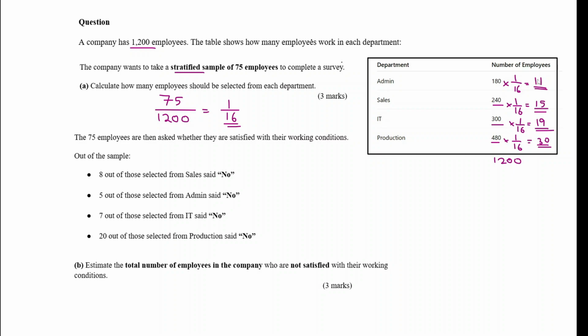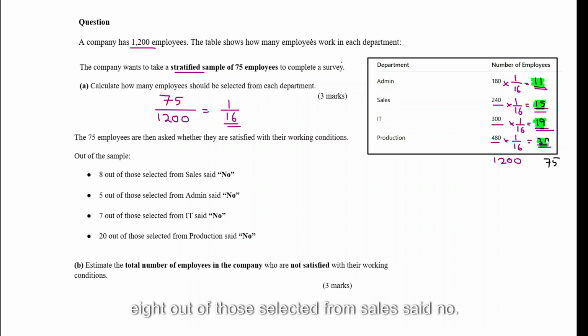The 75 employees are then asked whether they are satisfied with their working conditions. Out of the sample, 8 out of those selected from sales said no. 8 out of how many were in the sales sample?